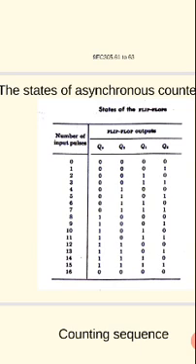For 12th clock pulse, 1 1 0 0. For 13th clock pulse, 1 1 0 1. 14th clock pulse, 1 1 1 0. 15th clock pulse, 1 1 1 1. And for 16th clock pulse, all are 0. Again it starts from 0.